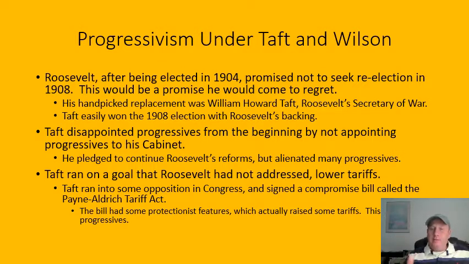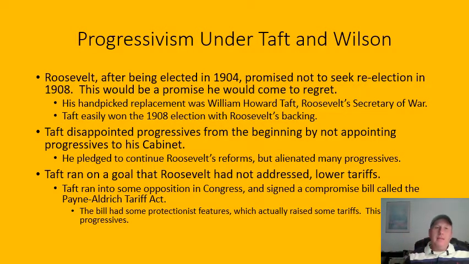So let's review tariffs briefly. Tariffs are a tax on imported goods. The purpose of tariffs is, A, to raise money for the federal government, but B, to protect items or industries that are producing items here in the United States. So that's what a tariff does.